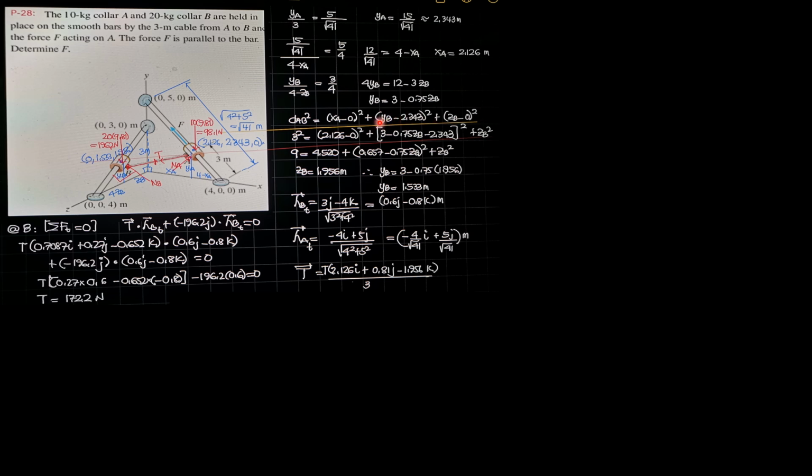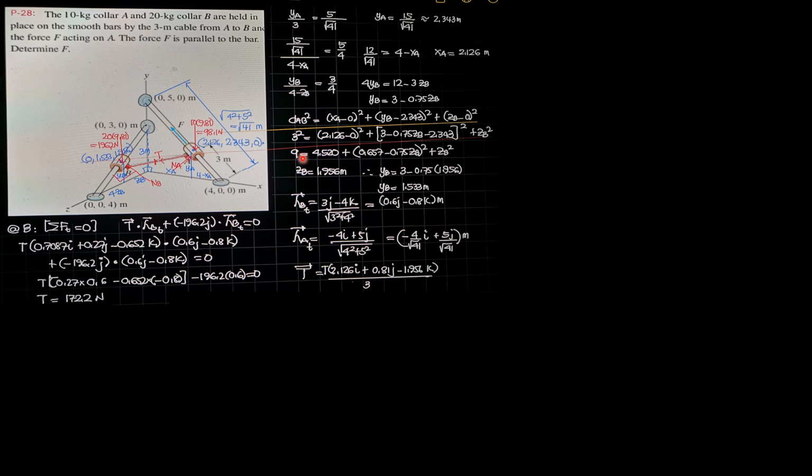So only Z sub B is the unknown in this equation after we substitute the value of XA: 2.126 minus 0, quantity squared, plus YB, which is 3 minus 0.75 of Z sub B, then minus 2.343, quantity squared, plus Z sub B squared.